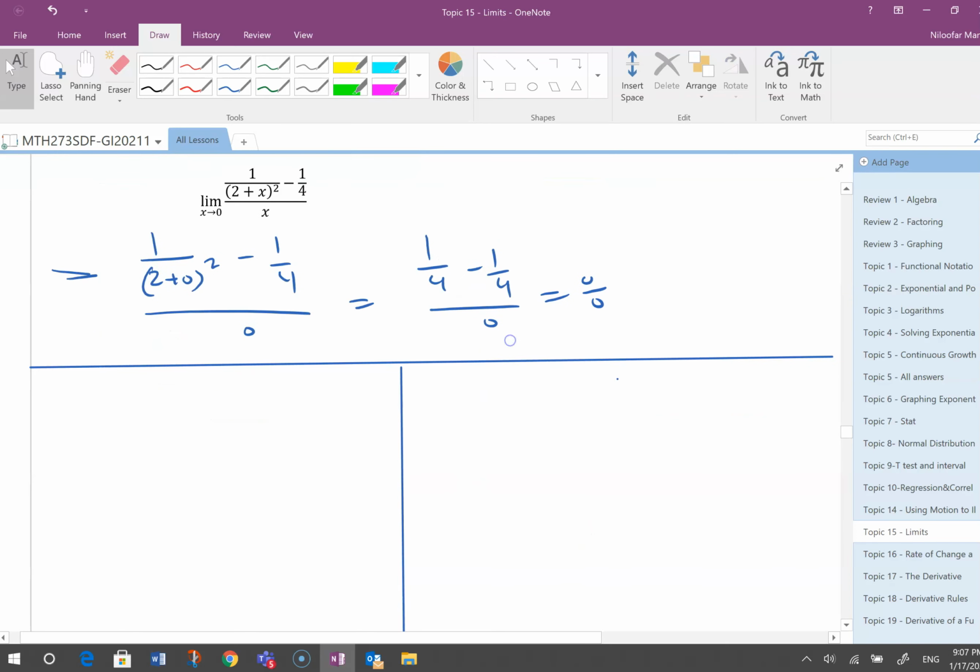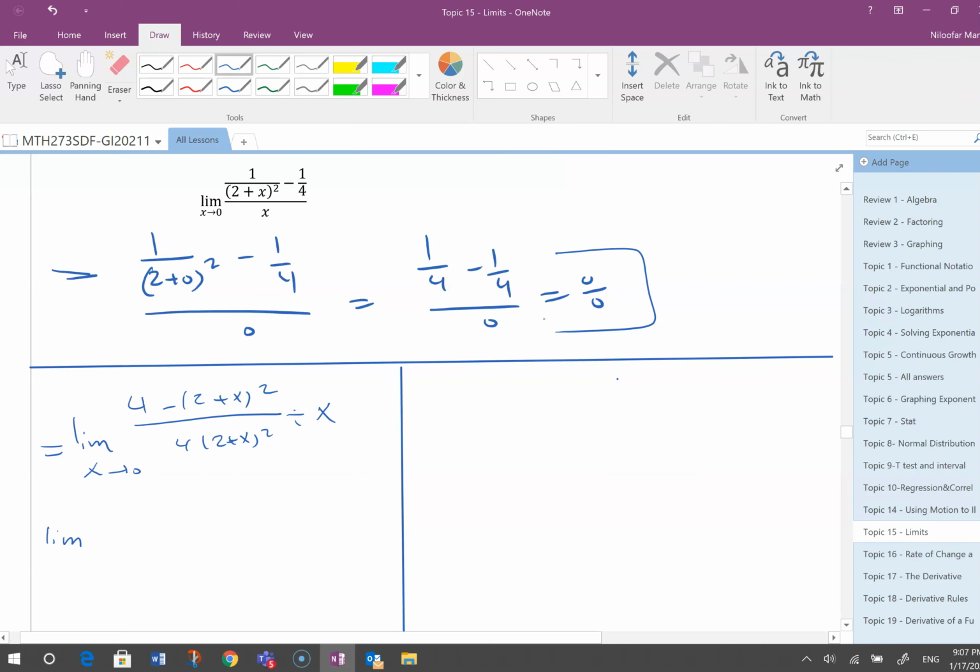For the first one, let's just do a common denominator. So it's 4 minus this, divided by 4 multiplied by (2 plus x) squared, divided by x, x goes to 0. Remember, I am doing all of these because I see 0 over 0. Otherwise, I don't continue.